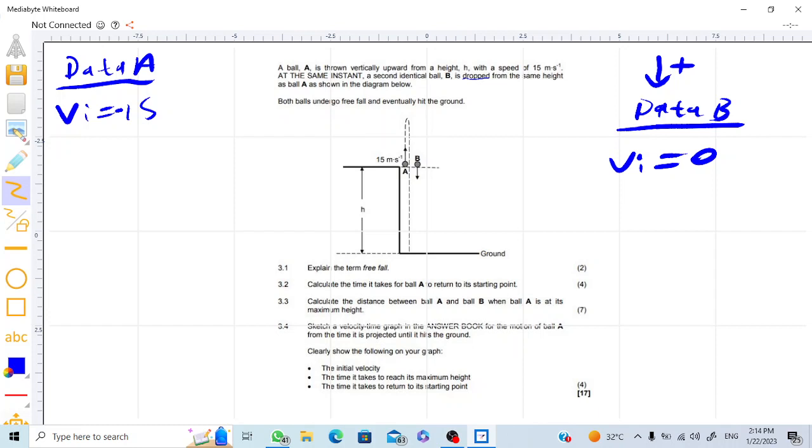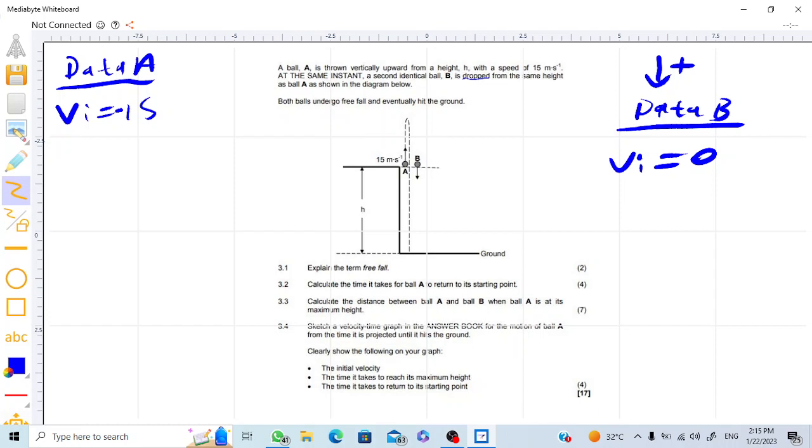Now calculate the time it takes for ball A to return to its starting point. Okay, this is an interesting part, guys. Okay, now for ball A to go to the maximum height and come back to its starting point, there are a few things that you might know, or you need to know instead.